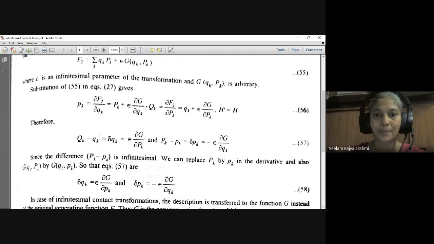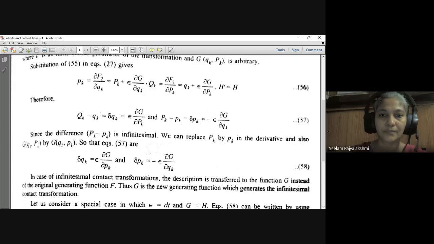So we can replace capital Pk by small pk in the derivative, and also G of qk, Pk by G of qk, pk. That means we replace capital P with small pk in equation number 57. So delta qk equals epsilon dou G by dou pk, and delta pk equals minus epsilon dou G by dou qk.